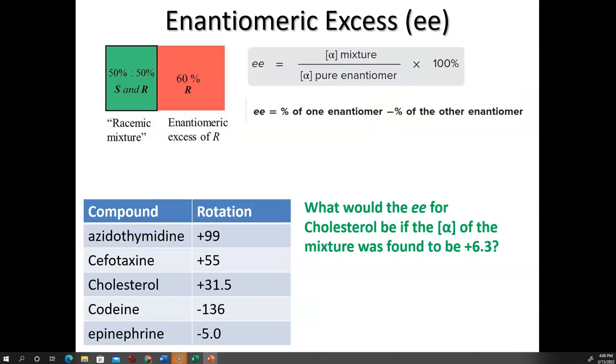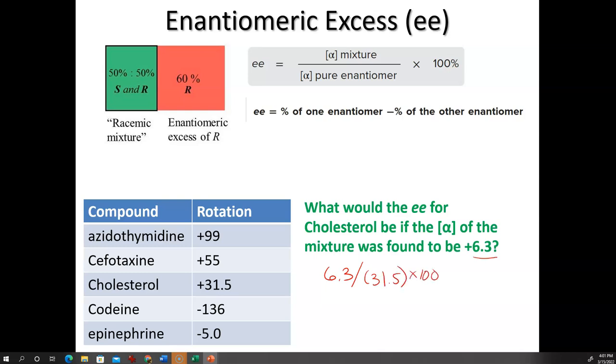I will go through just one example problem in case you were interested in looking at this. If we're looking at cholesterol, what is the enantiomeric excess if the alpha of the mixture was found to be 6.3? So if it's 6.3, we would divide that by 31.5 and multiply by 100.